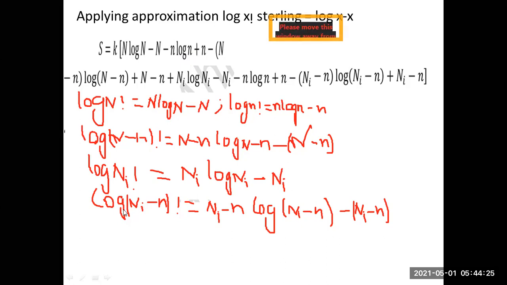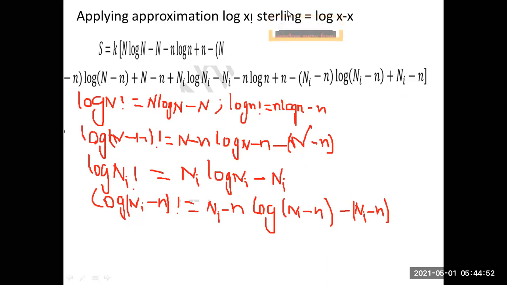In the same manner, log of n suffix I minus n factorial, so we just expanded here. Minus was already there. So we just replace this minus here. Minus n suffix I minus n log of n suffix I minus n, minus into minus will be plus. We got this capital N minus n suffix I minus n. So with this, I think that it is very much clear to you.